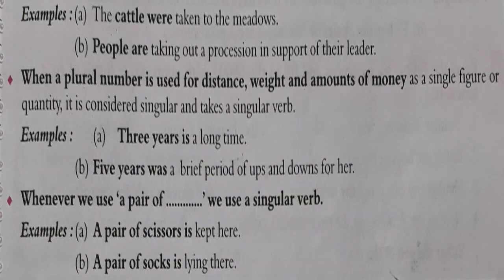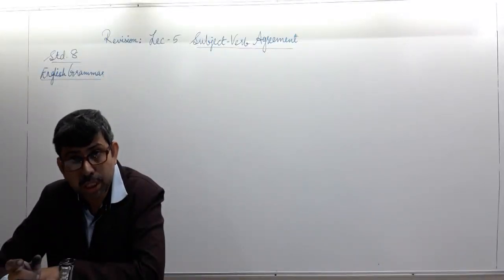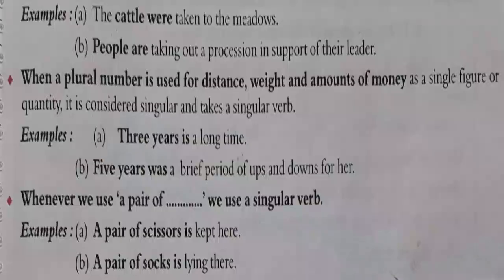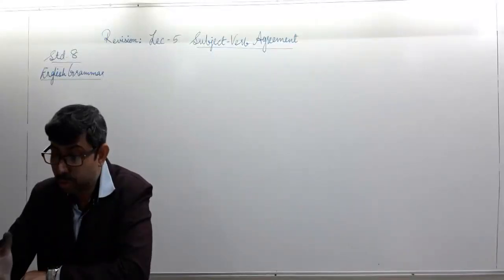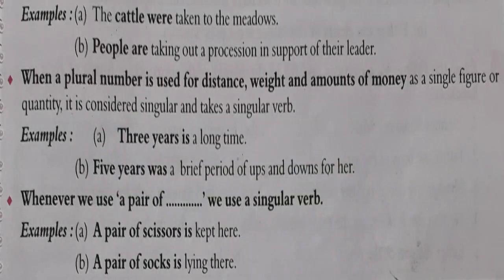When a plural number is used in association with things like distance, weight and amounts of money as a single figure or quantity, it is considered singular, and therefore it takes a singular verb, as you see in the examples displayed on your screen. "Three years is a long time," and we don't say "three years are a long time."